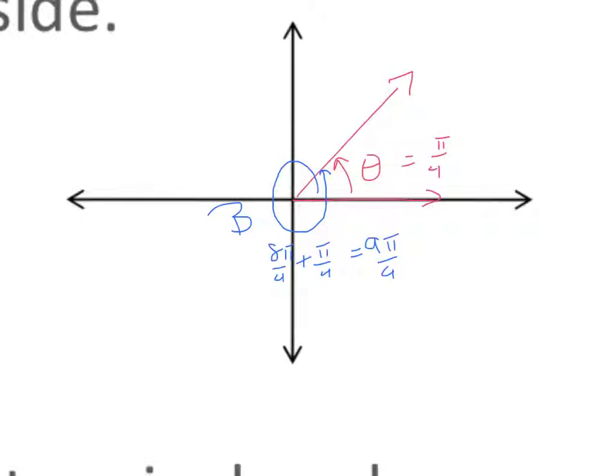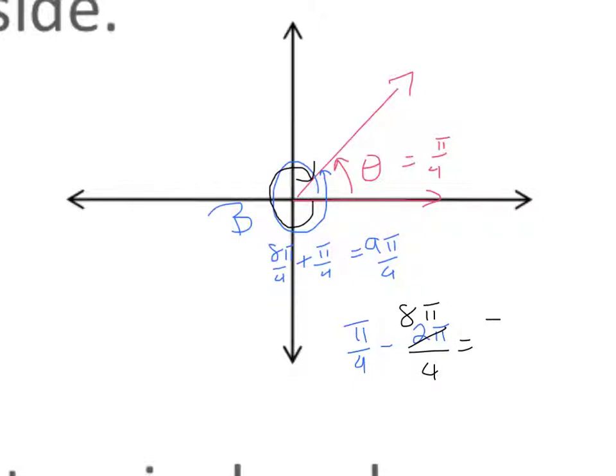Now if I'm going in the opposite direction, I can also create a negative rotation. Notice that I have the same initial side and same terminal side but different degree measurements. To obtain that negative angle, I take pi over 4 and subtract 2 pi. Remember, we established that 2 pi is 8 pi over 4.